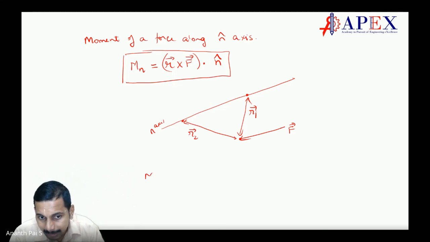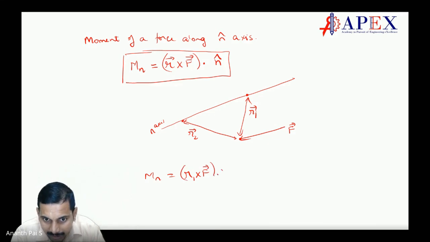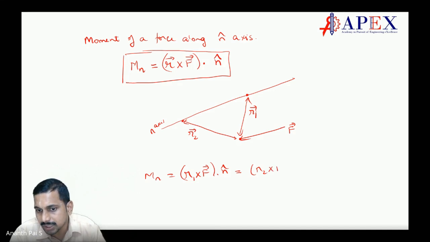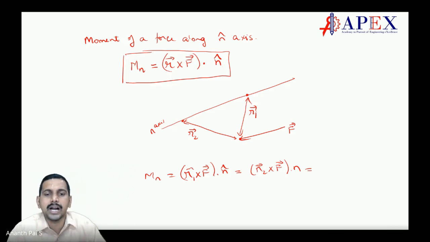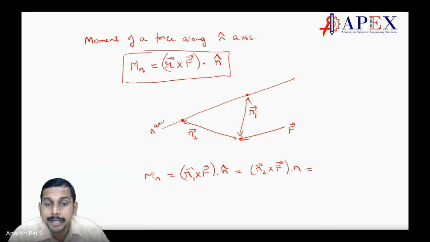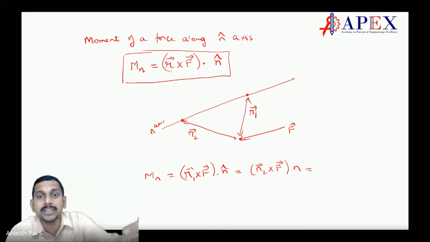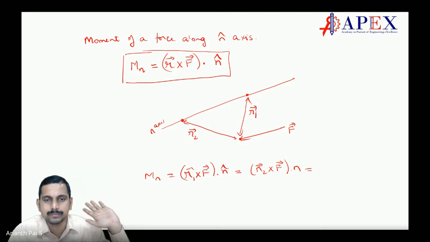So Mn is actually equal to R1 crossed F dotted with N. That would be equal to R2 cross F dotted with N, or any other R. Only thing is that the point where we are taking the moment about should be on the n axis.